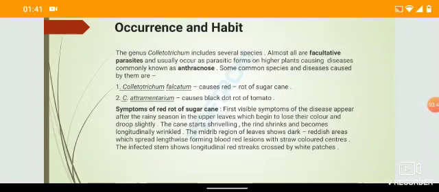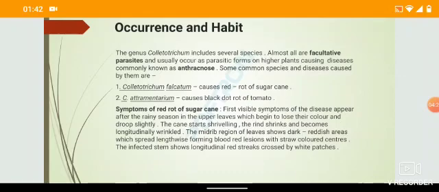The symptoms of this disease appear after the rainy season, and symptoms appear in the upper leaves first, and these leaves lose their color and droop slightly. The cane starts shriveling and the rind shrinks, and in this way longitudinal wrinkles appear on the cane.